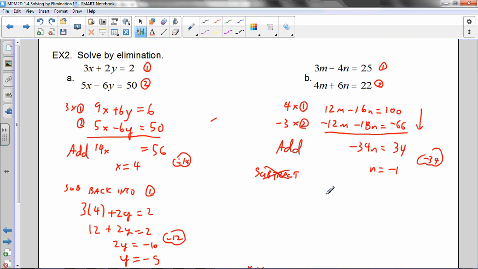All right, well, we've got n equals negative 1. We substitute into one of the first ones. And it doesn't matter. I'm going to substitute into 2 here just so I can avoid that negative, I guess.